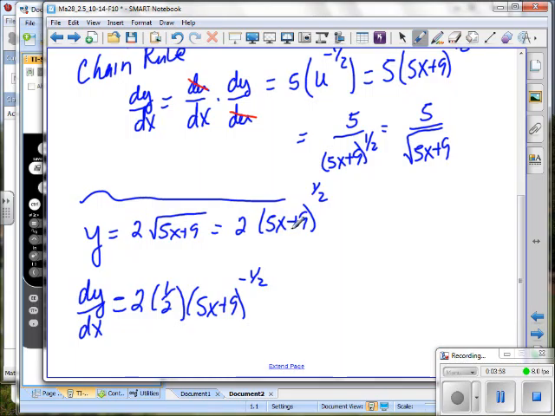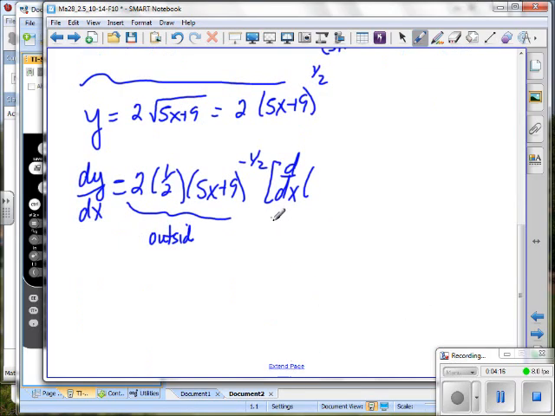You bring down the exponent and subtract 1/2. Then it's the derivative with respect to x of the inside function, 5x plus 9.